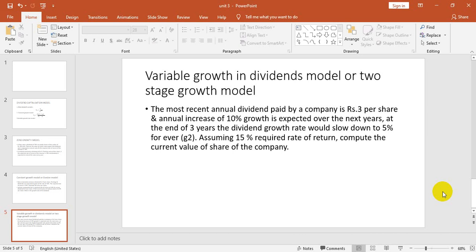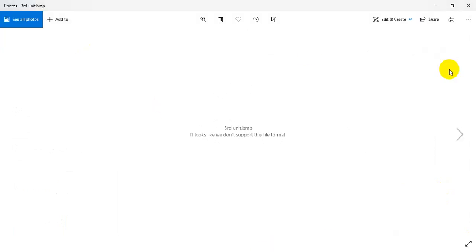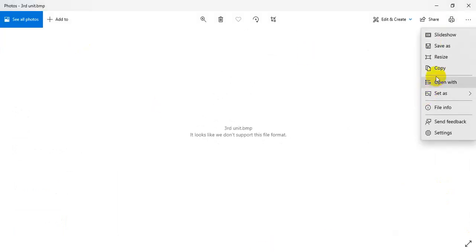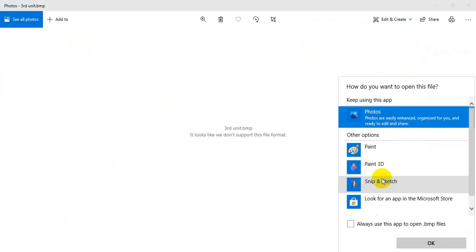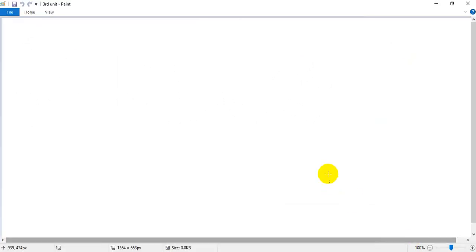So let's start doing this problem. I'm going to do it on a fresh page. The formula also I'm going to show you simultaneously.